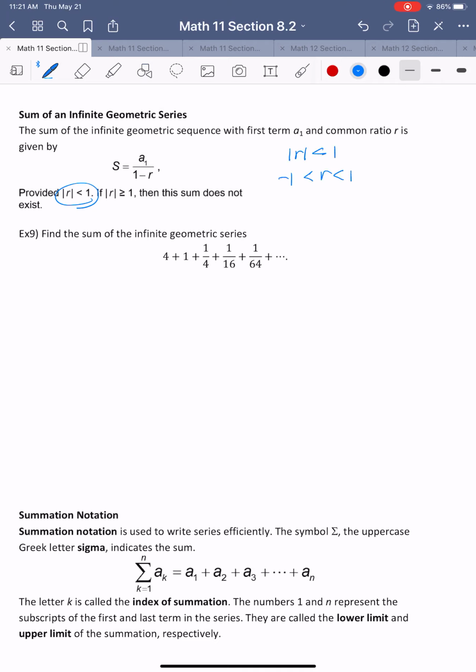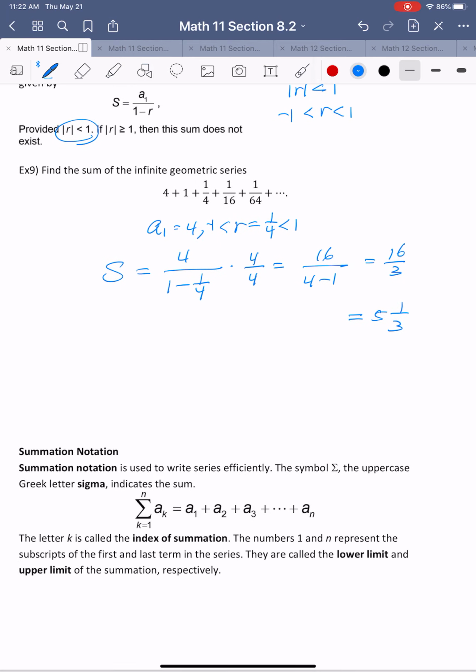Otherwise you cannot find it. So a sub 1 is 4, r is 1/4, which is between negative 1 and 1, right? So we can find the sum with a sub 1 equals 4 over 1 minus r, 1/4. And then if you multiply both sides by 4, I got 16 over 4 minus 1, which is 16 over 3, which is a sum of 5 1/3.